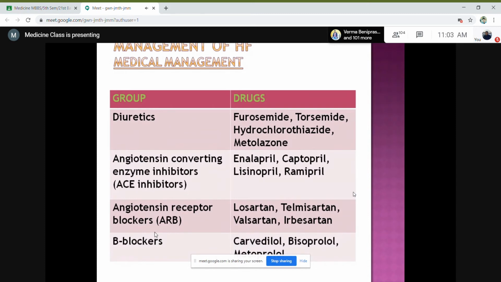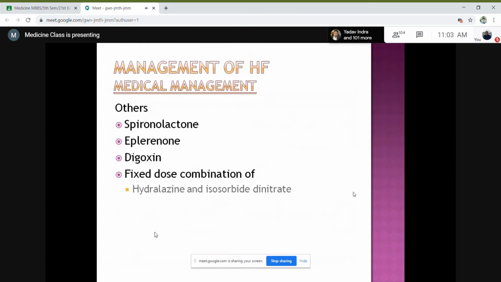Beta blockers, carvedilol, bisoprolol, and metoprolol. Other drugs that can be used, if it has not improved with all the first line drugs, to be added are spironolactone and eplerenone. These are the potassium sparing diuretics. Then digoxin, and the fixed dose combination of hydralazine and isosorbide dinitrate.